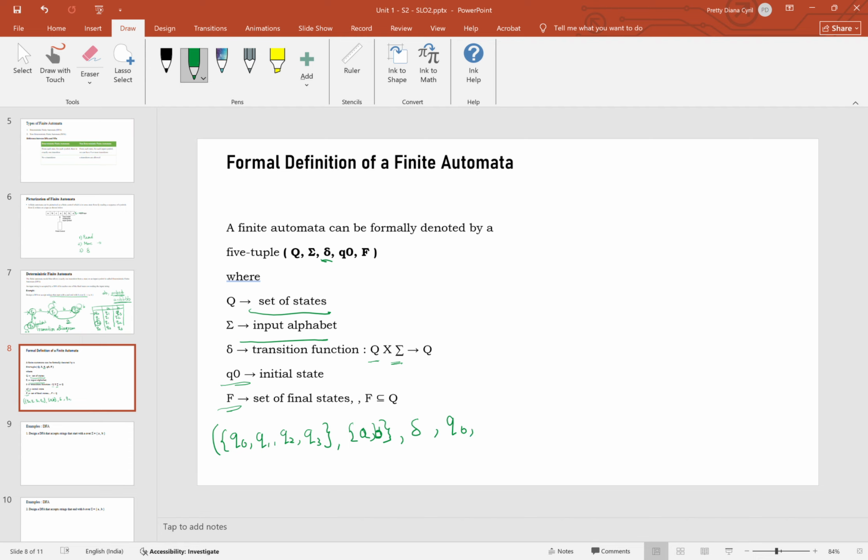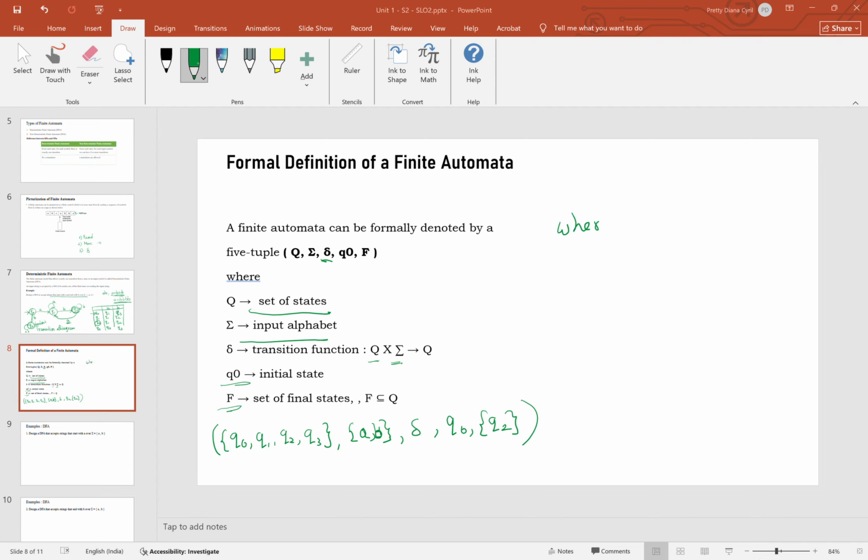Then F is the set of final states. Q2 is the only one state here. So Q2. Since it is a set, we have to mention it in curly braces. Then we will see how to write the delta.